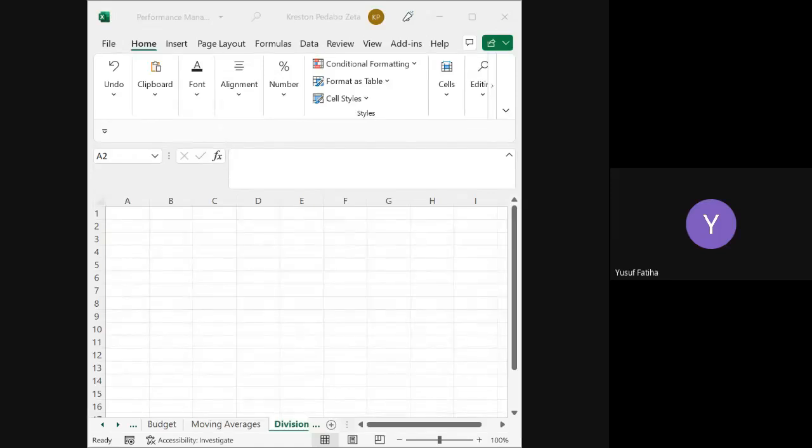And how do we calculate average net assets? Let me just write it down here.